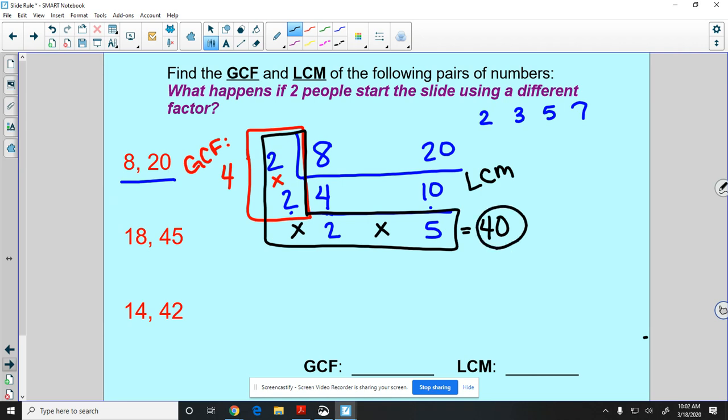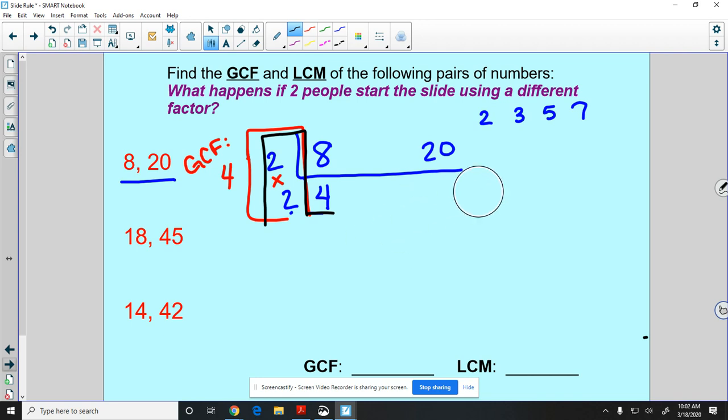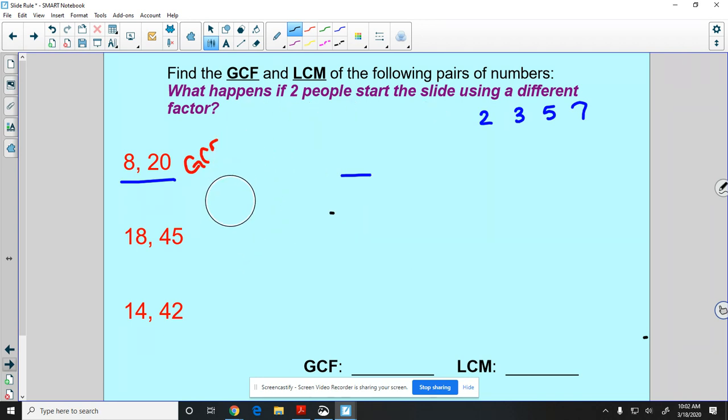Now let's say somebody chose something besides 2 to start off with. Let's say I have 8 and 20, and I look at 8 and 20 and I say, what comes out of 8 and 20? And I see that 4 comes out of 8 and 20.